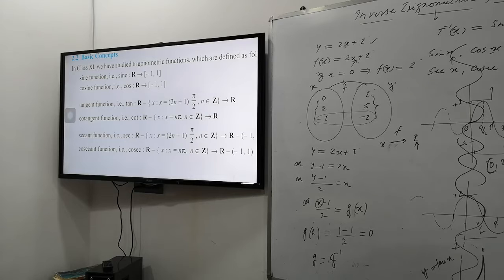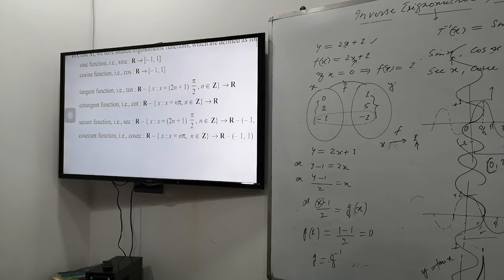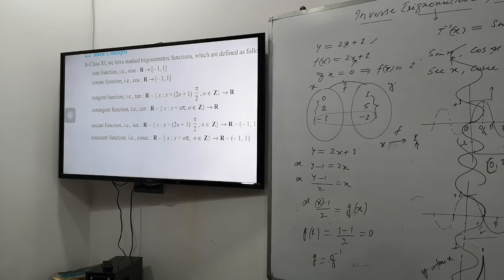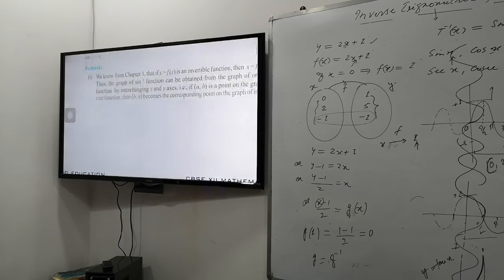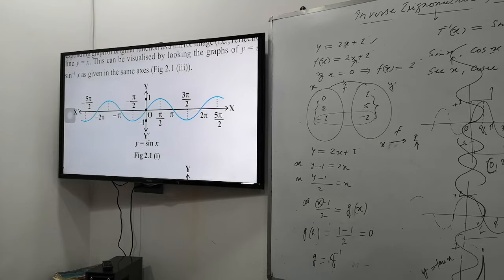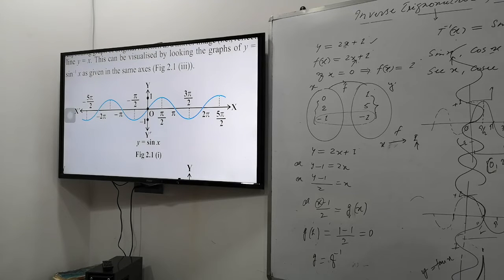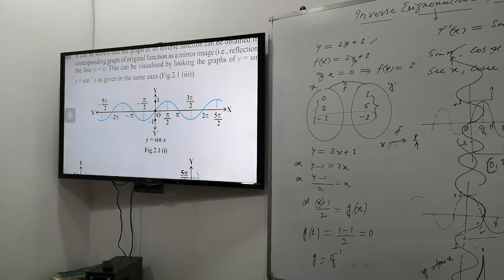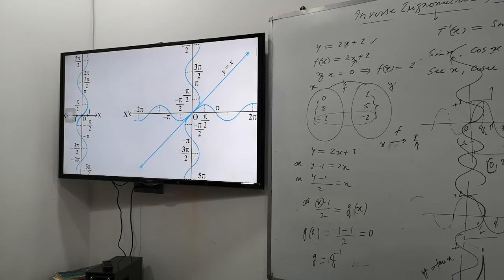Third the cot function, fourth the sec function, sixth the cosec function. Have a look, this is the graphical representation for the sine function. Look here please.